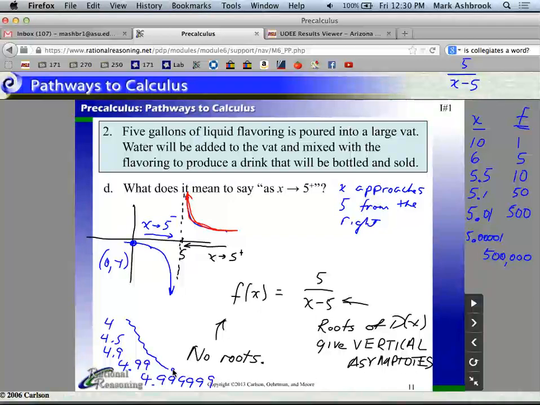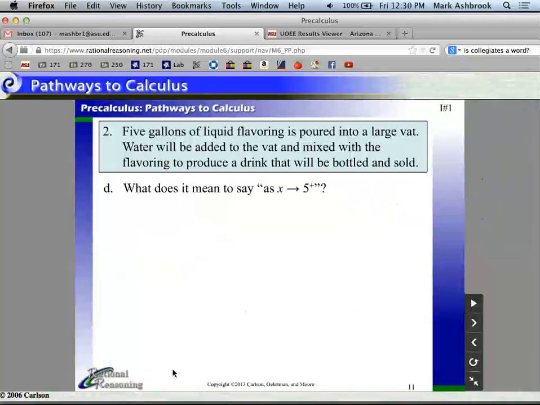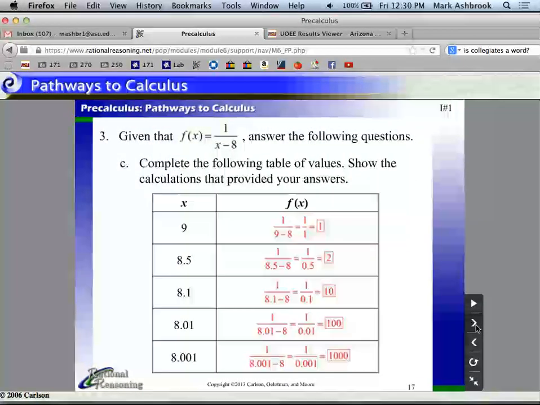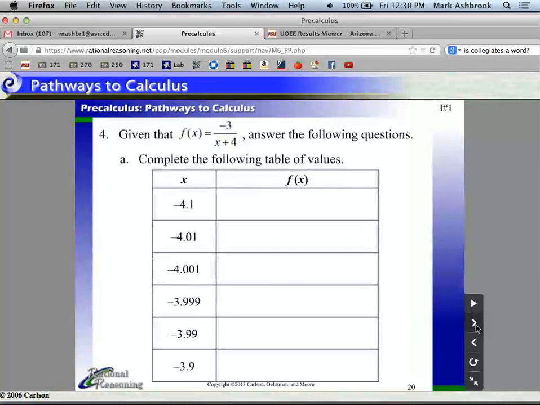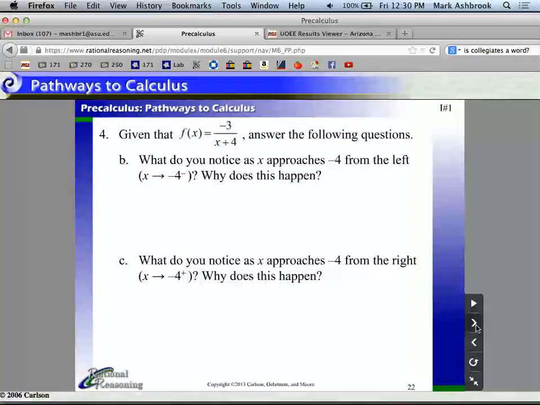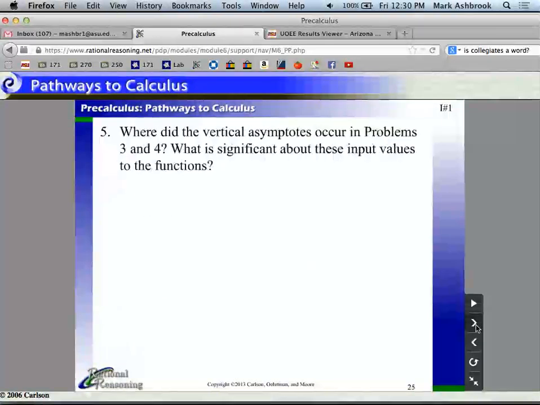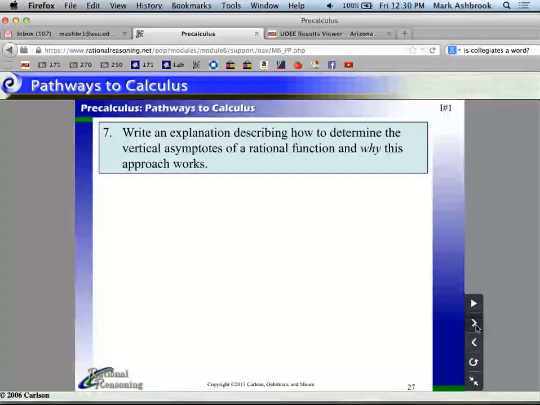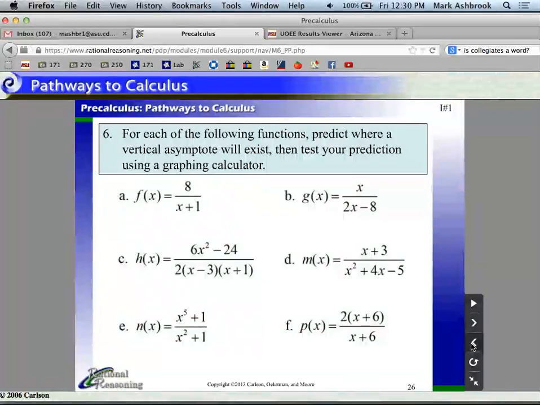Other questions? Okay, so we've got almost everything we need for rational functions. So let's practice a little bit here. Flip a page over to number 6, A through D. Find the roots, the vertical asymptotes, and the y-intercepts. Go.